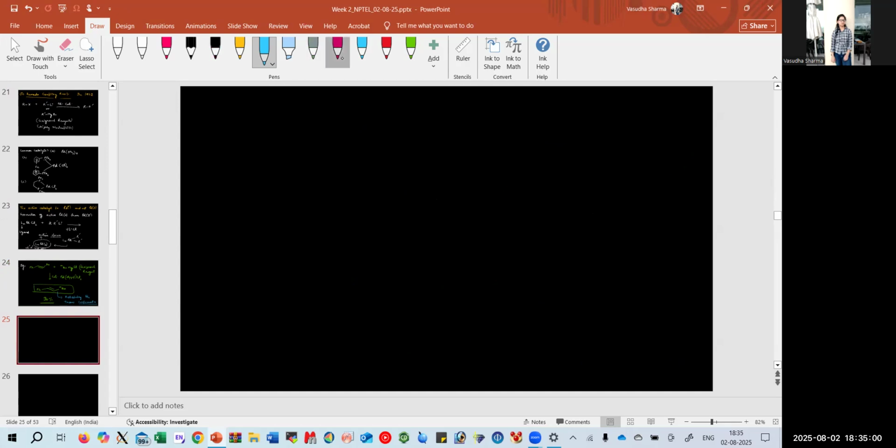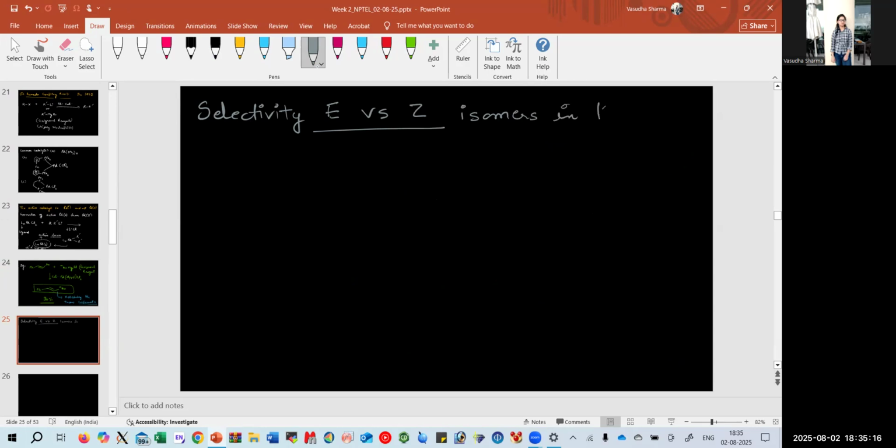Now there is another feature, the selectivity of E versus Z isomers in the Kumada coupling reaction.